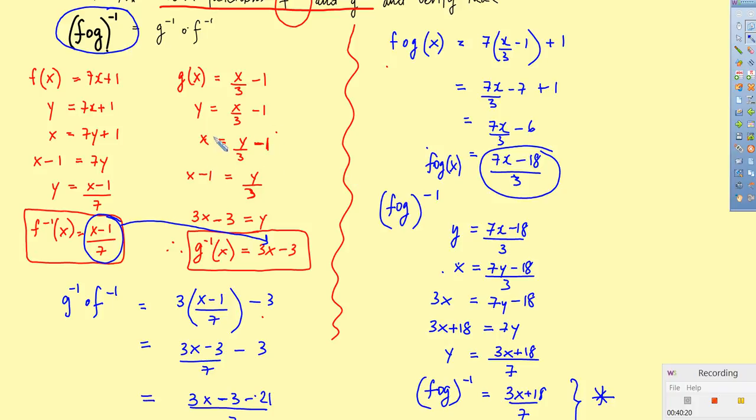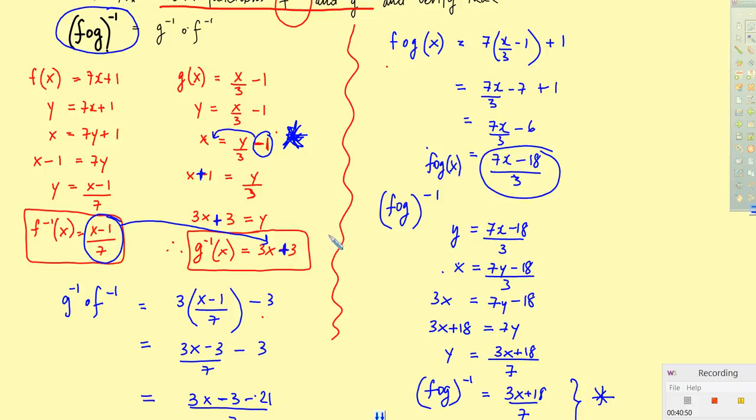So where I've put the star up here, it was x is equal to y over 3 minus 1. When I brought that minus 1 over to the other side, it should have become plus 1.